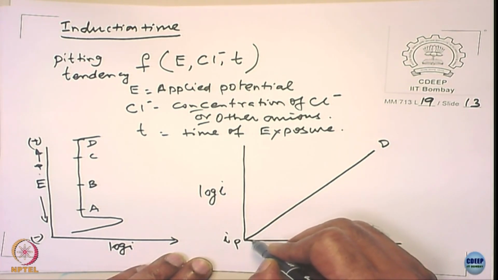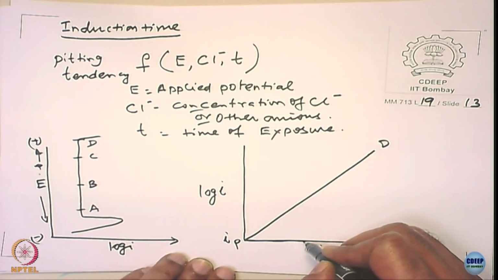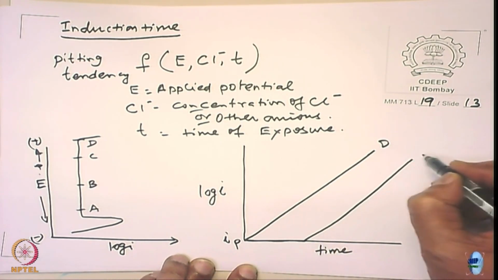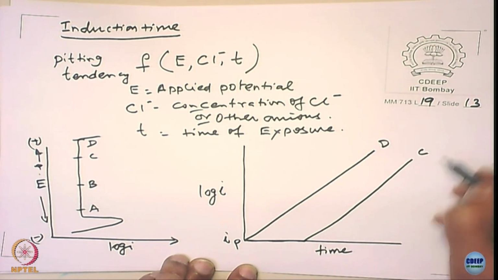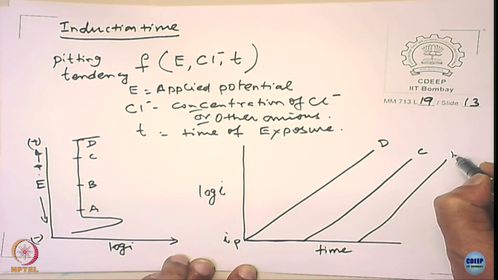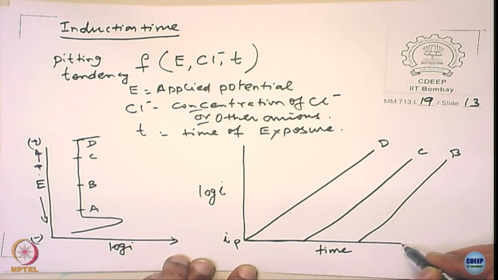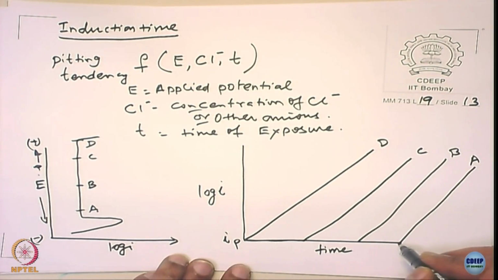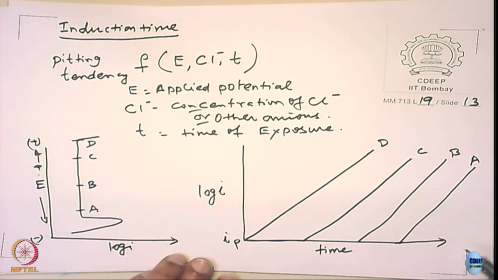Here the current will remain here, and then this is going to be C, this is going to be B, it's going to be A here.